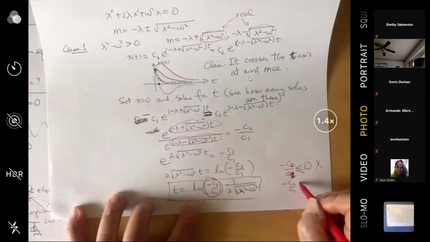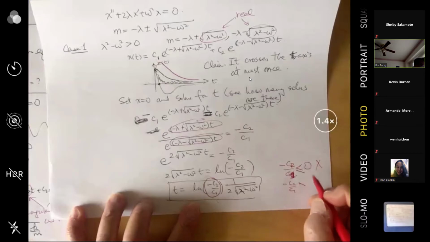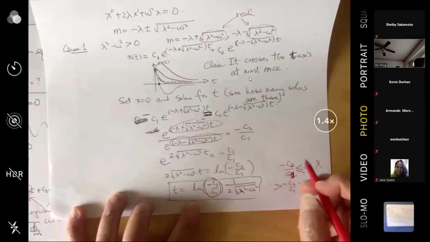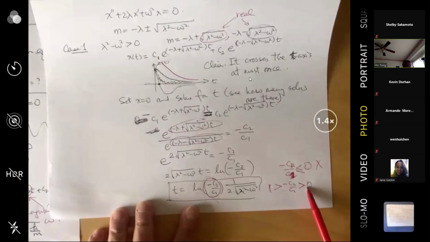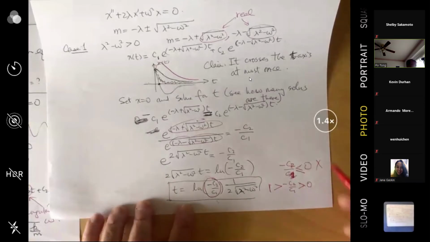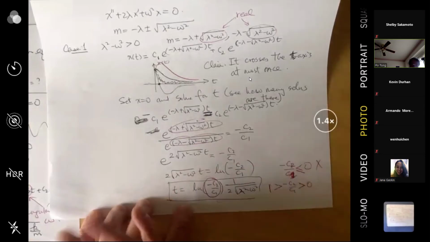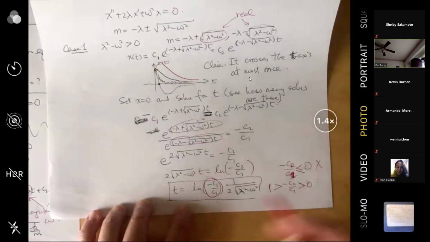When this guy is a positive number but less than 1, it also doesn't work. I end up with a negative number, then t will be negative.